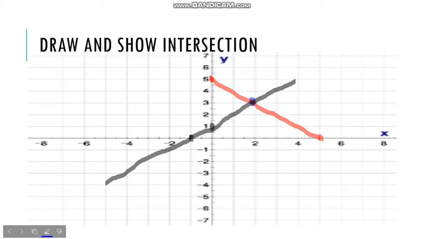But since we have an intersection point here, it shows that there is a solution for this pair of simultaneous equations, and the x corresponding to this intersection is almost 2 and the y is 3. So my final solution is x equals 2, y equals 3.